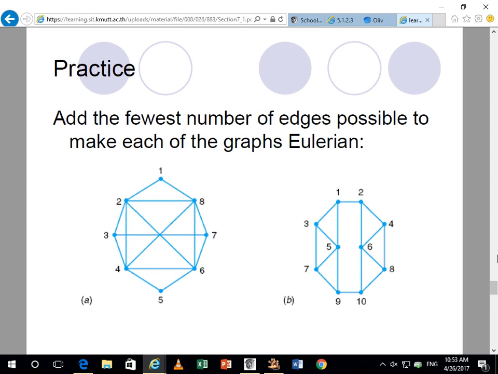Okay, while this is true, it doesn't mean this is the fewest number. I added 2 edges here, and I made it an Euler circuit. But I can actually add 1 edge, and it still is an Euler circuit.